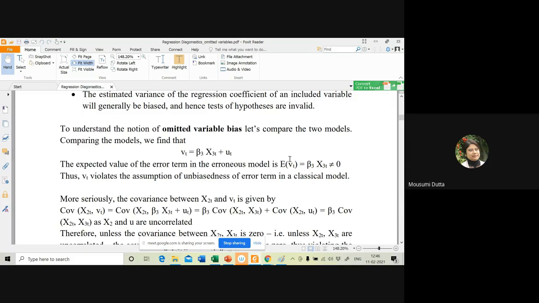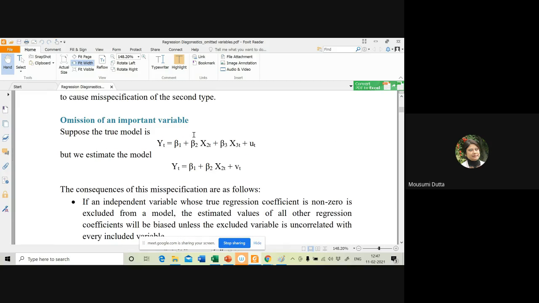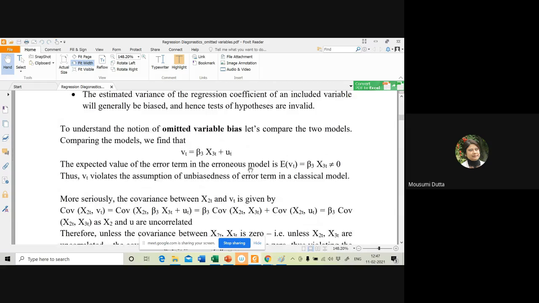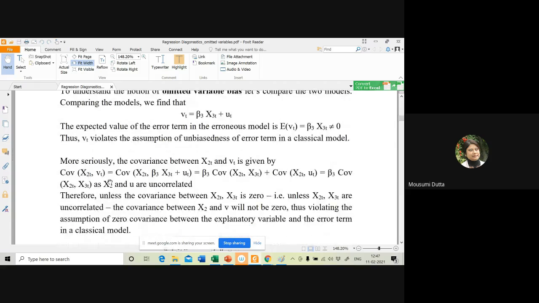So from the very beginning of the assumptions of the error term, we are getting some disturbance. The error is no more unbiased. The error of the second model is no more unbiased. Thus Vt violates the assumption of unbiasedness of the error term in a classical model.